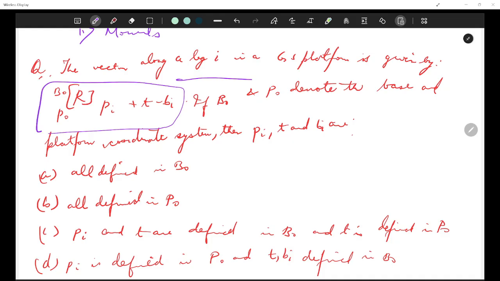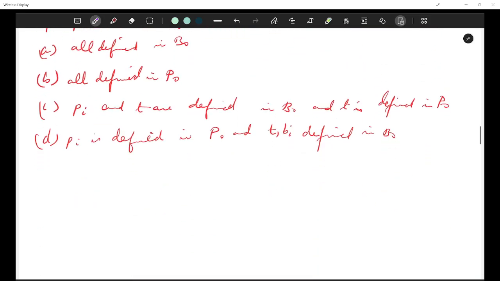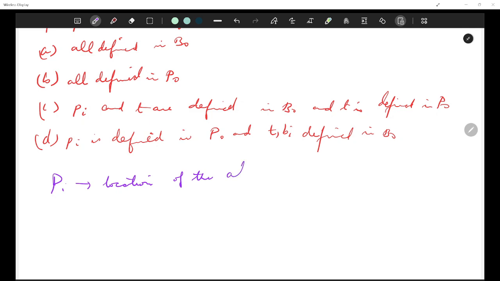This represents the position of a platform point Pi expressed in base frame B naught minus the base point Bi. Let's decode each term carefully. What is Pi here? Pi is the location of the attachment point on the top platform.